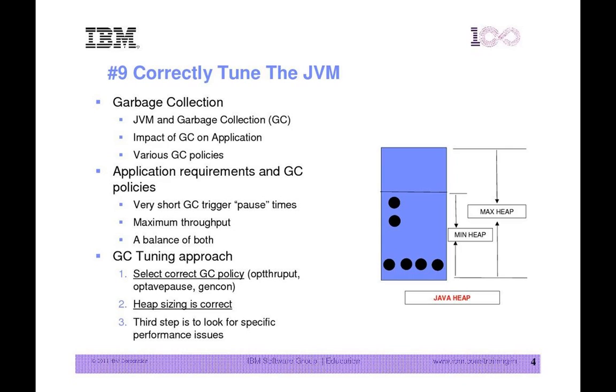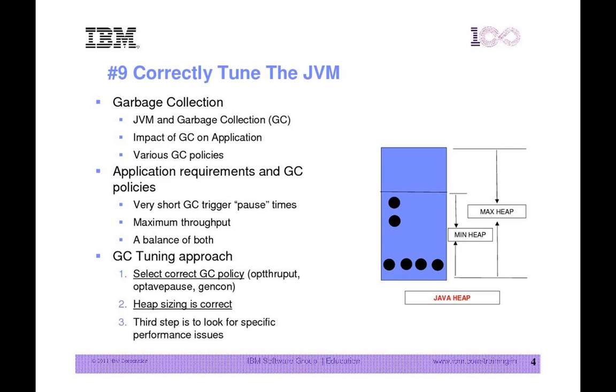So when you want to tune the JVM, it is important to tune the garbage collection. There are various GC policies that IBM WebSphere Application Server allows you to configure.